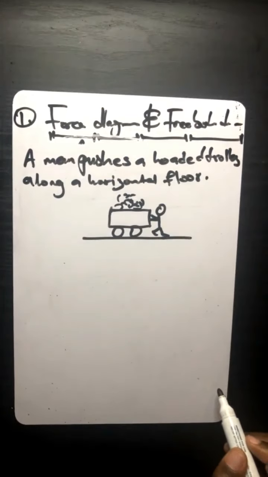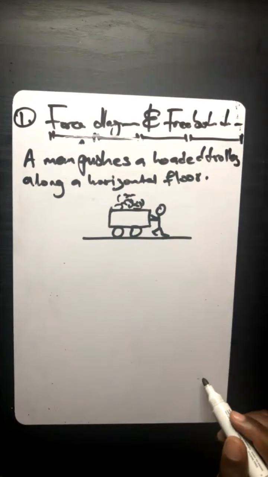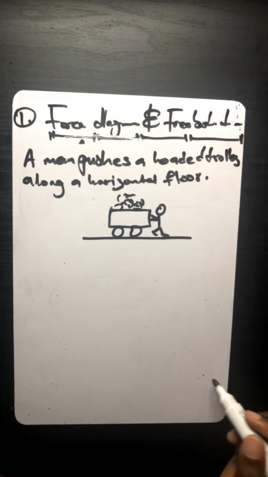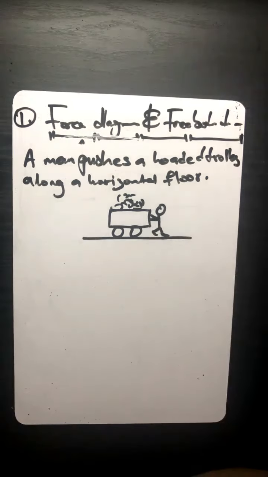So obviously, guys, we can identify the following forces that are acting on the trolley. I'm saying we can identify forces acting on the trolley. So when you draw a force diagram or a free body diagram, you will be drawing forces acting on what? Will it be on the trolley or on the man? On the trolley.